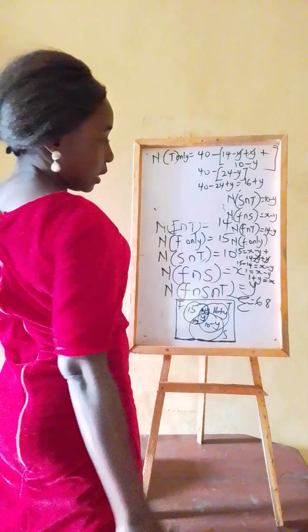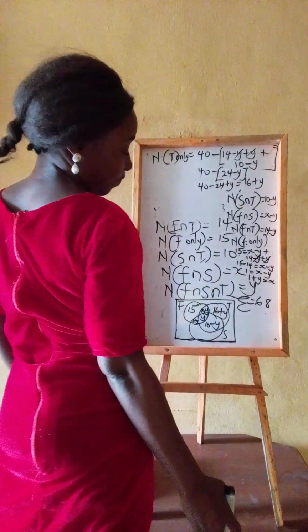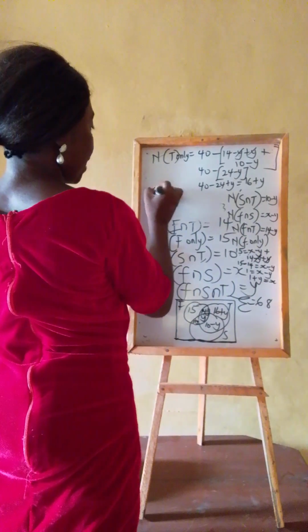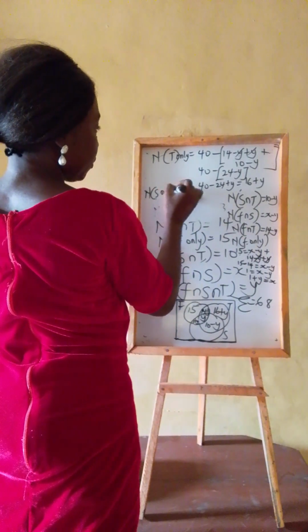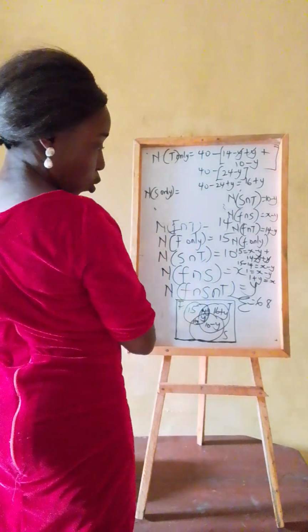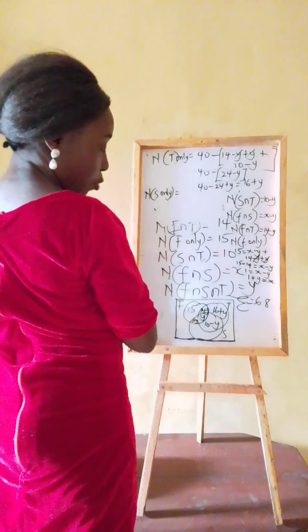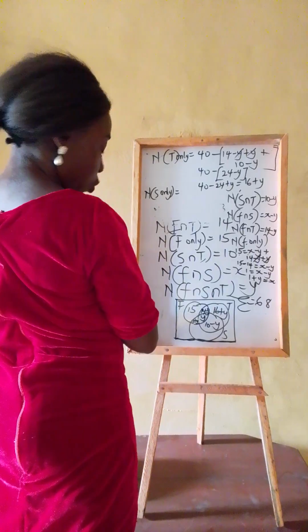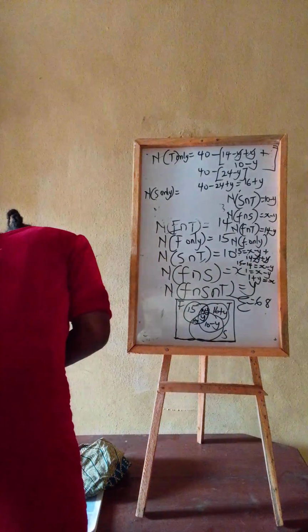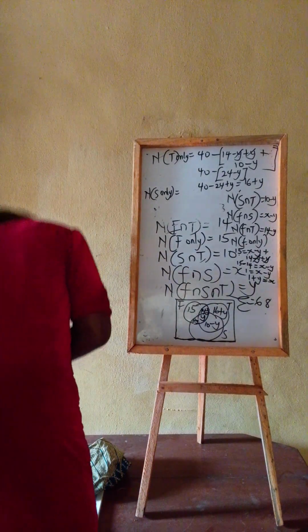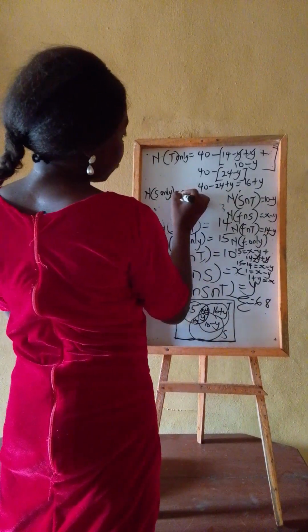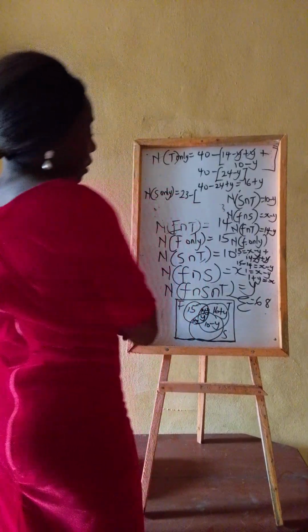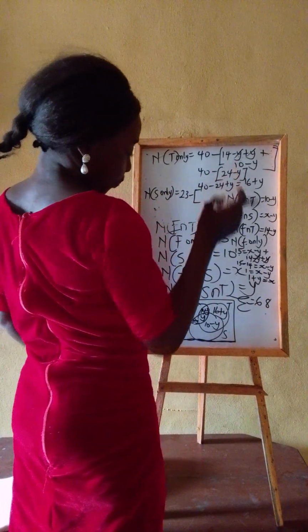So the next one is S. We want to know the number of X only. X only is going to be what? You remember the number that we are given for swimming is 23. So we have 23 minus, oh yeah, S, try and check.